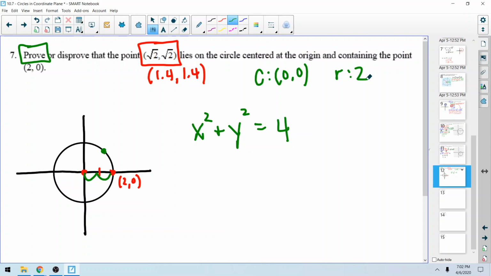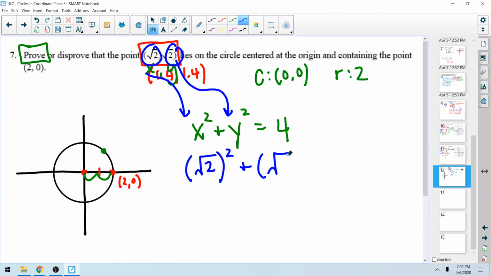Well, I want to know, is this point x comma y in that equation? So we're going to substitute. So take square root of 2, substitute, take square root of 2, substitute. So I have the square root of 2 squared plus the square root of 2 squared equals 4.